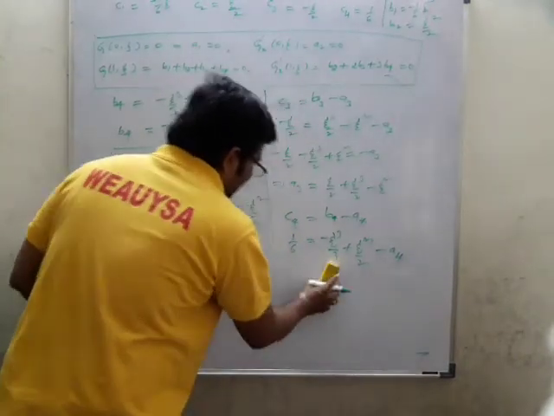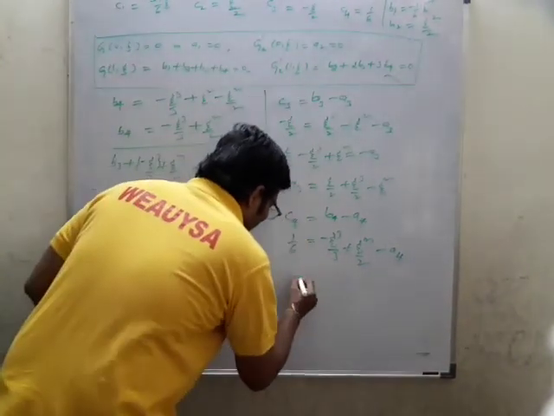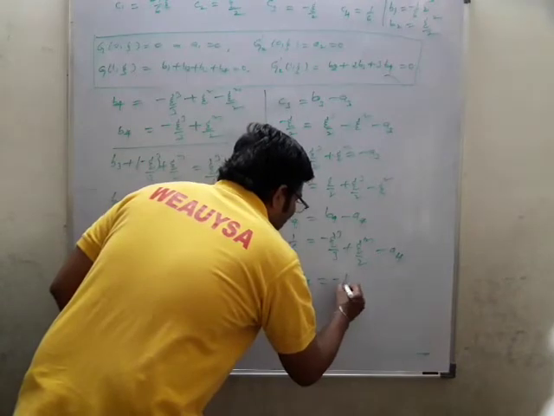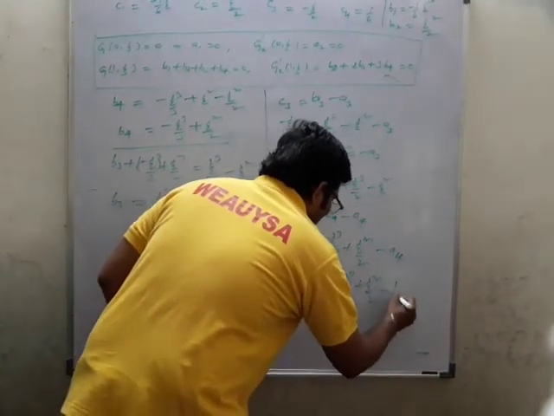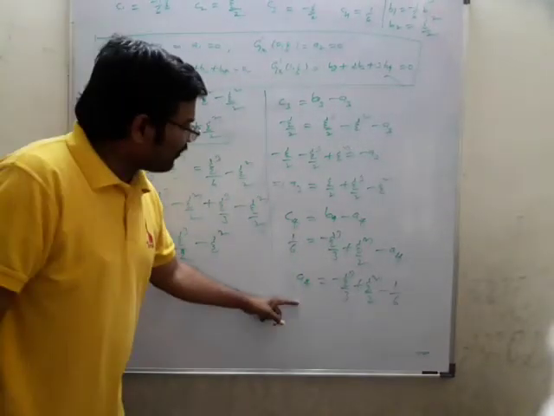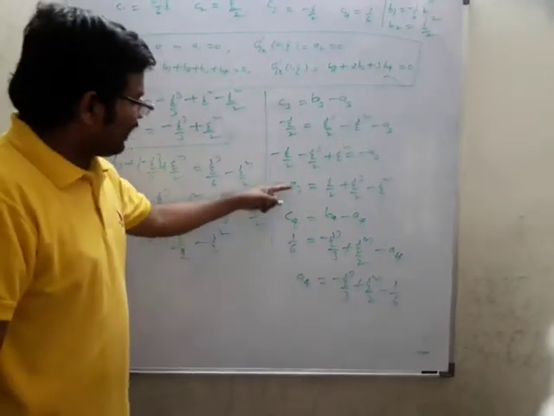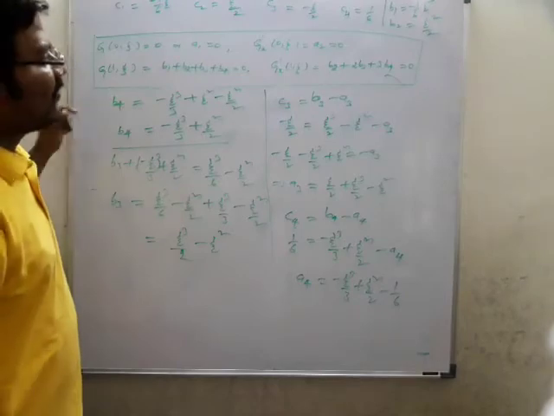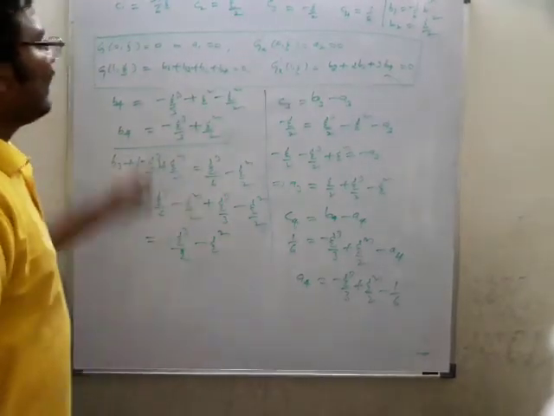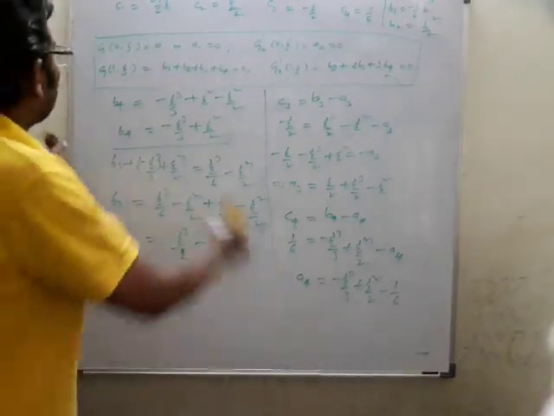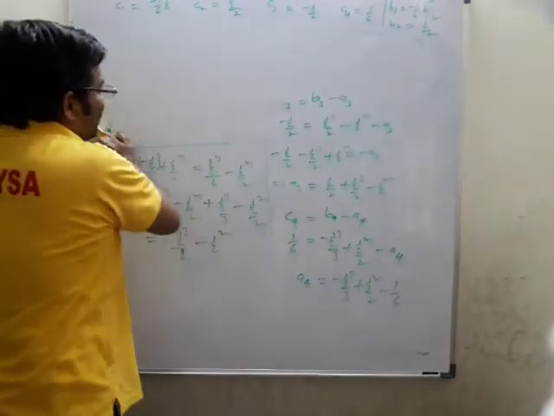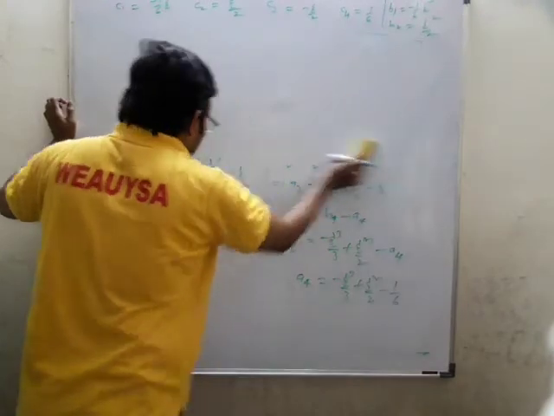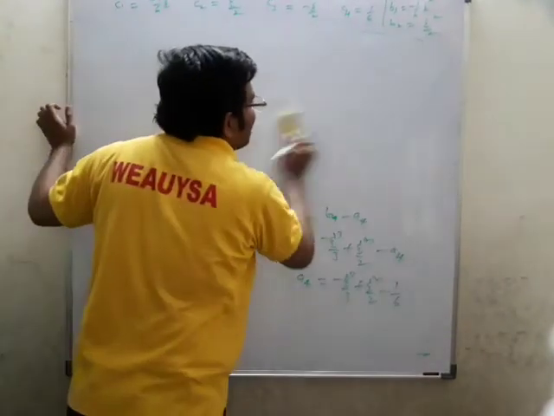Otherwise you take A4 here and write minus xi cube by 3 plus xi square by 2 minus 1 by 6. This is A4. A4 you got, A3 you got, B3 you got, B4 you got, B1, B2 you got, A1, A2 you got. You take all such values and write in equation number 3 and equation number 4. That gives the Green's function.